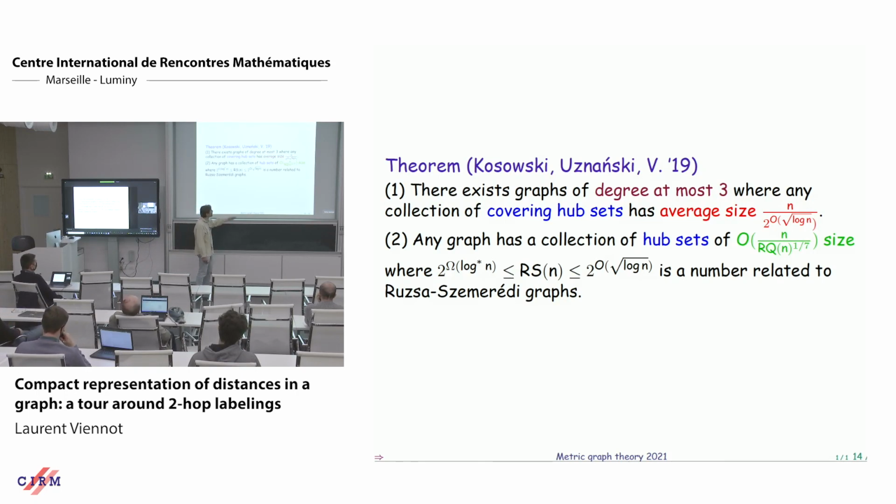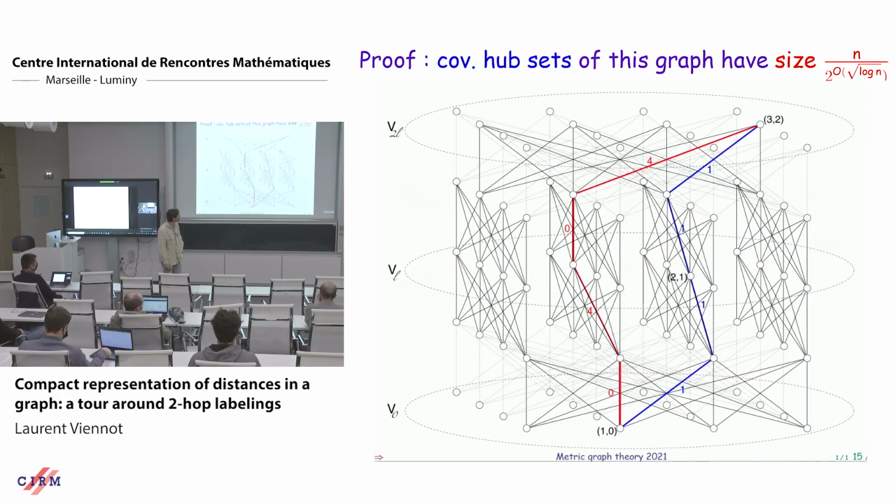And interestingly, this result is related to the RS number, which is a number connected to work on covering a graph with induced matchings by Ruzsa and Szemerédi. So we'll have a look at what this RS of n is.